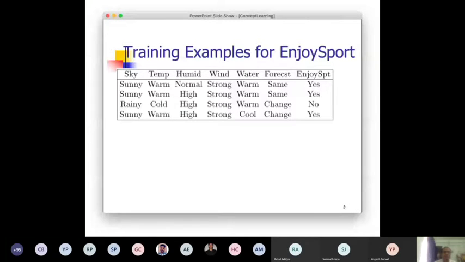So the sky could be sunny, and when the sky is sunny, if this is a particular training example, when temperature is warm, humidity is normal, wind strong, water warm, forecast the same, then you can see that this is the first row, and yes, these are the conditions for enjoying sport.